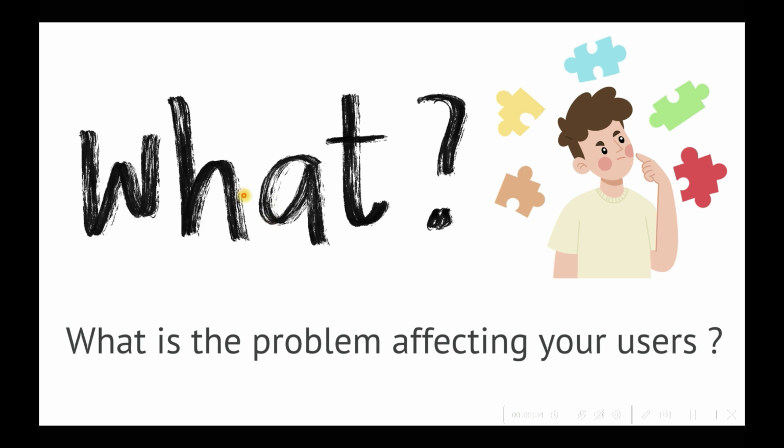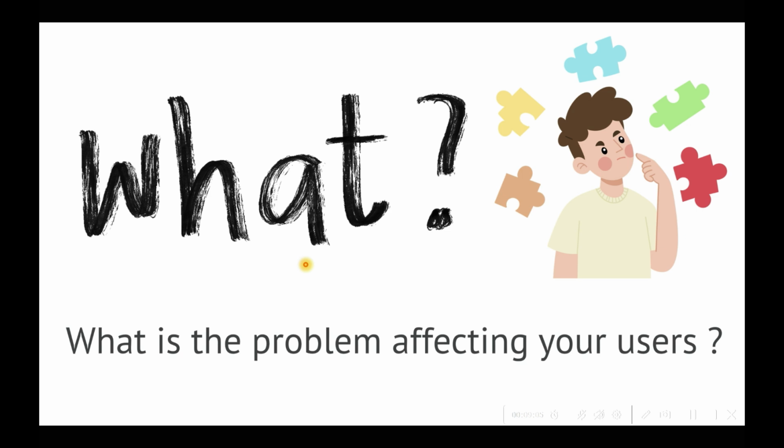Then maybe next week, you again spoke to some more folks from the same micro segment and you discovered a better definition of what, or you added some more insights, and this what is going to evolve, right? So it is totally okay if you are changing your definition of what, if you are refining your definition of what multiple times, because that is going to be expected when you talk to more and more people and you discover more insights.